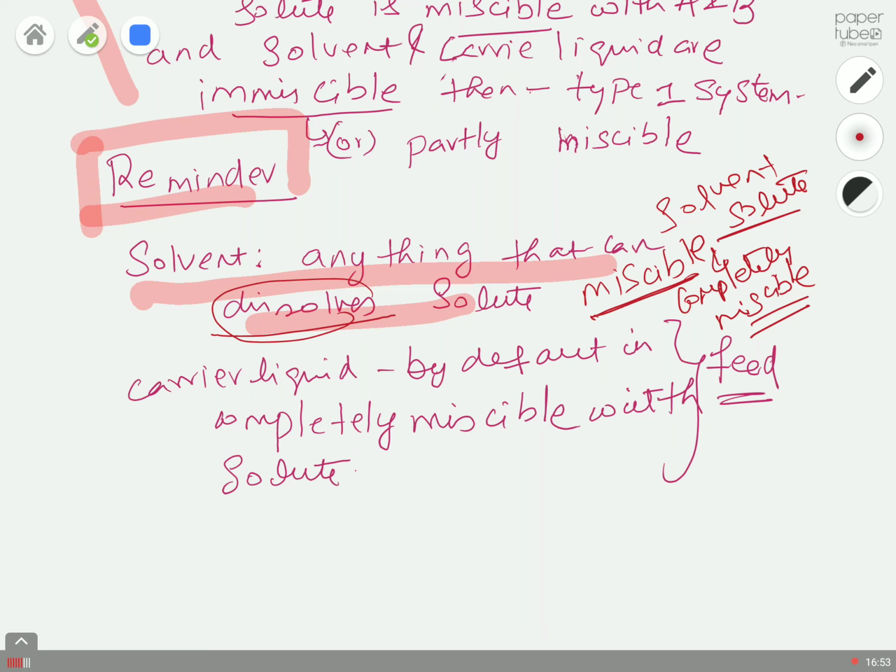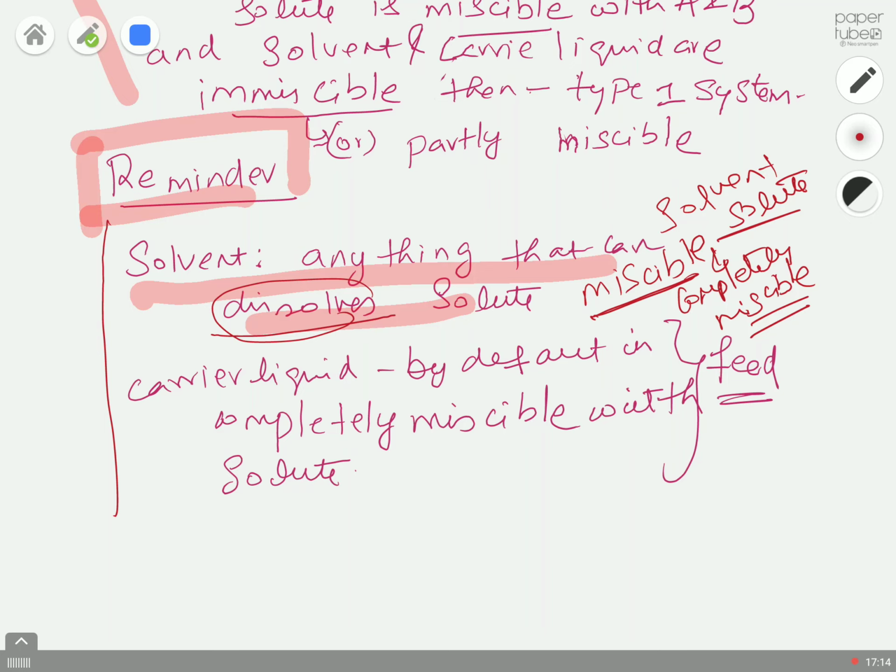And then the carrier liquid by default is completely miscible with your solute, because that's your feed solution, and you know that your target compound is completely miscible in your carrier liquid. So these two are default scenarios.